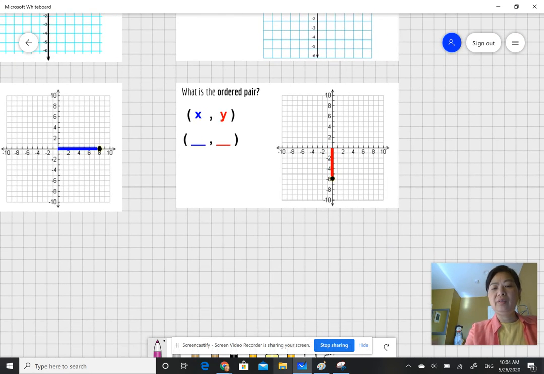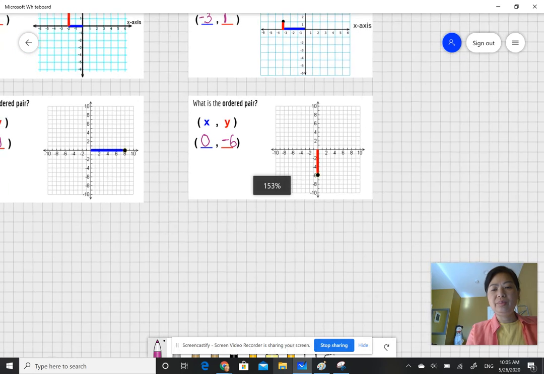And then you have another point that is lying along the y-axis, and you see here the y value is -6. But any point that lies on the y-axis has the x coordinate as 0.